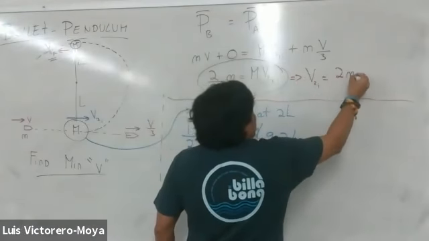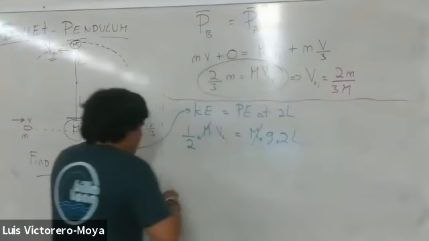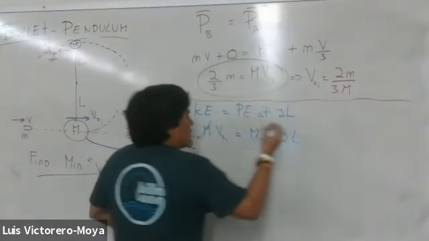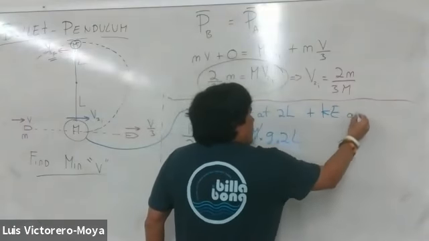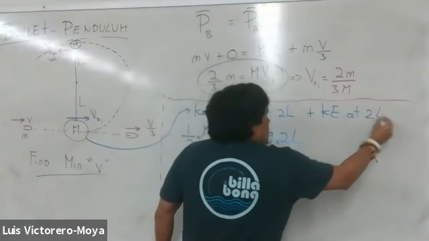Sorry, my bad. What am I talking about? We have to add the kinetic energy at 2L, which is 1/2 of big M V2 final square.